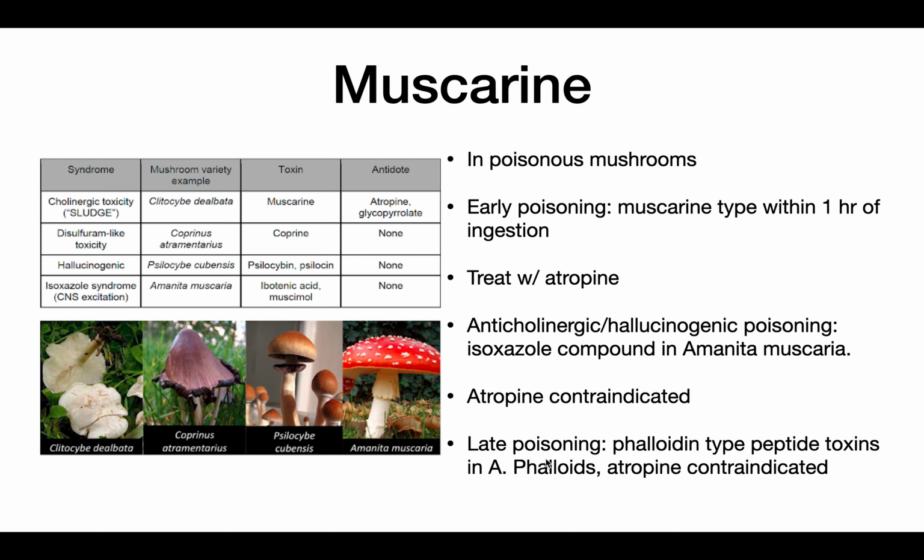In late poisoning, it's also contraindicated. This is pretty rare though. It's only the phalloidin type peptide toxins, and that comes from the death cap mushroom. So unless you're really close to this particular mushroom, it's kind of rare.